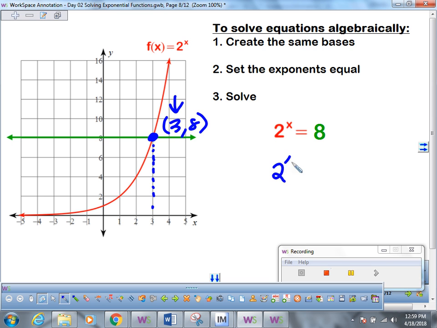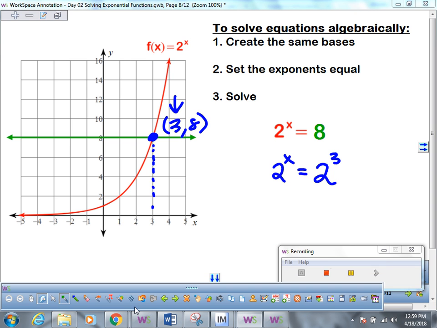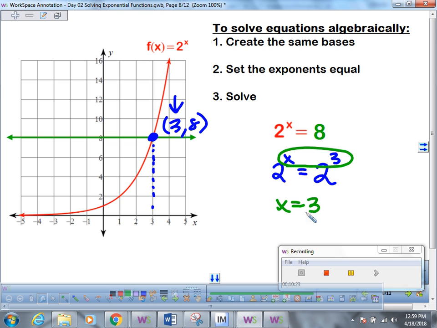So 2 to the x, and I know there's a 2 in there. The base in 8 is 2. So 2 cubed is the same thing as 8, correct? Yeah. So once I have common bases, I compare exponents. If the bases are equal, the exponents must be equal. Make sense?